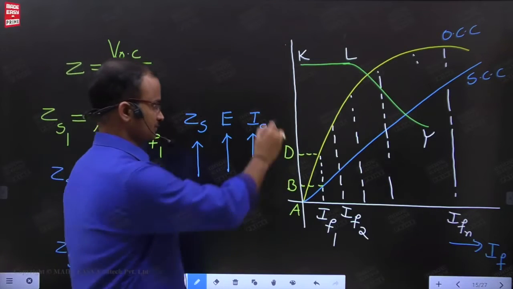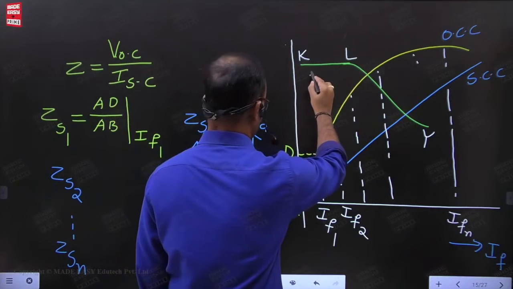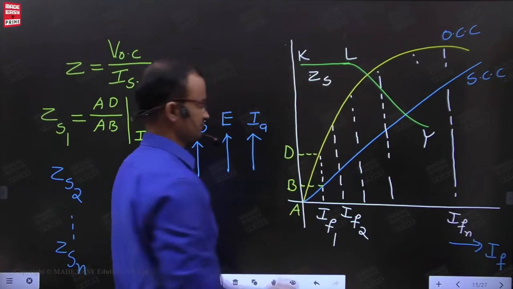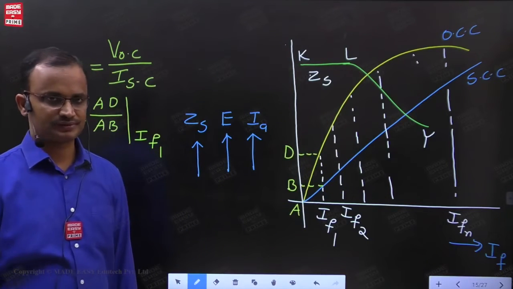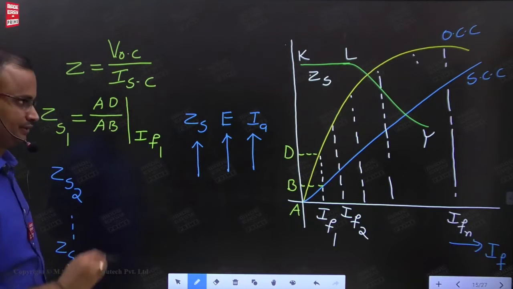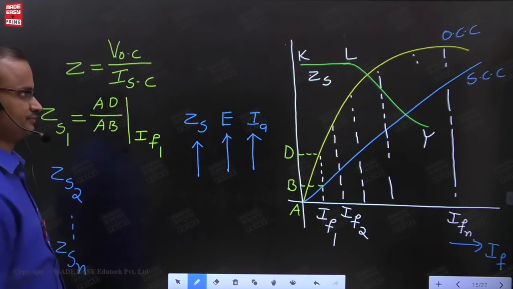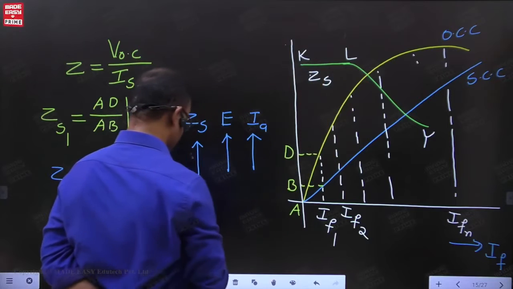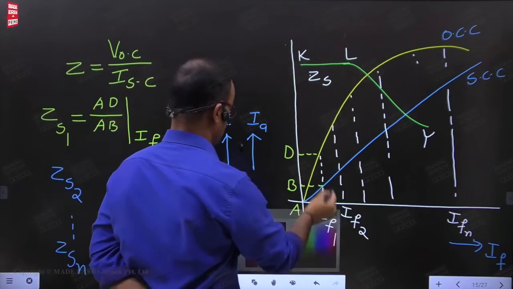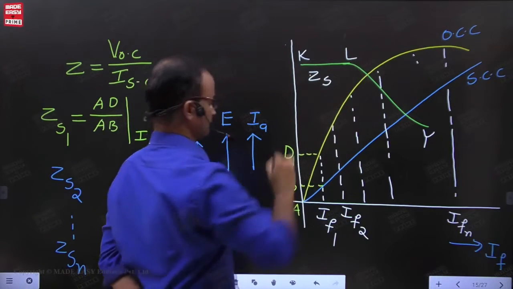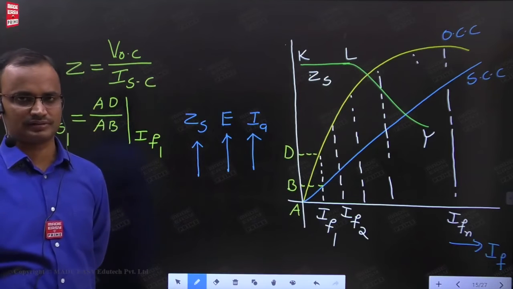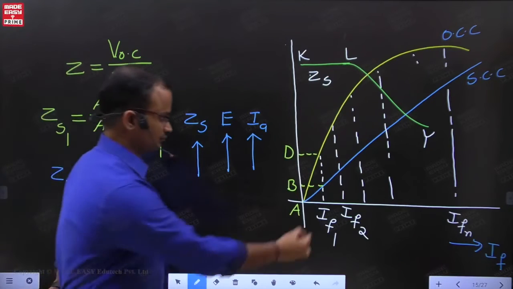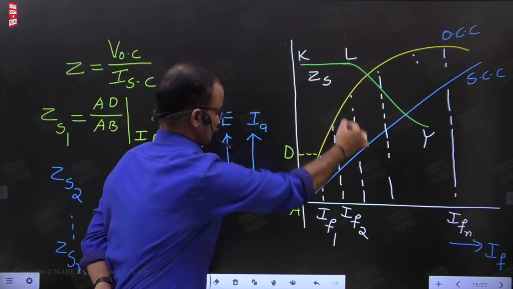Now this is the graph corresponding to the synchronous impedance. Now in this one, the important point is, if you observe this KL, what is the shape of the graph here? The synchronous impedance is a constant. Observe here, this is for low field currents.